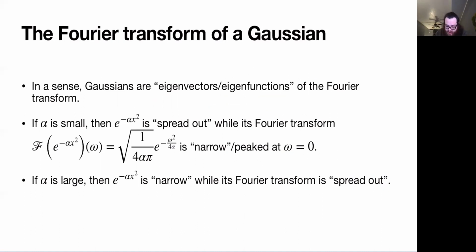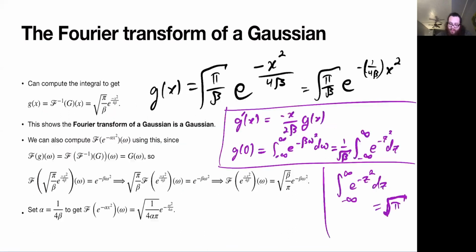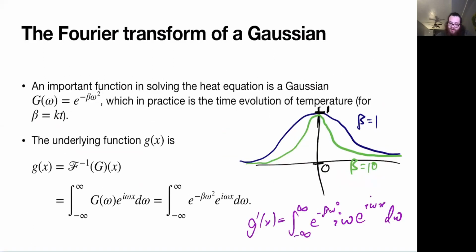And so one question we can look at is, what is this Fourier transform doing to Gaussians? So what we can do is take one of these Gaussians, and suppose alpha is small. I'll copy the picture that we drew before.